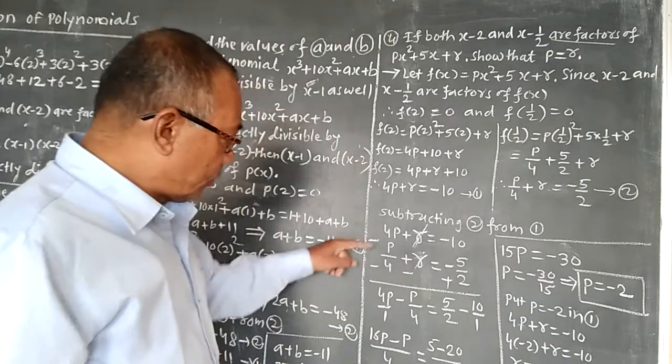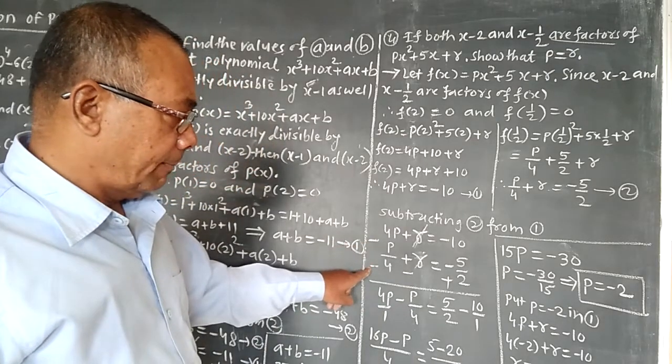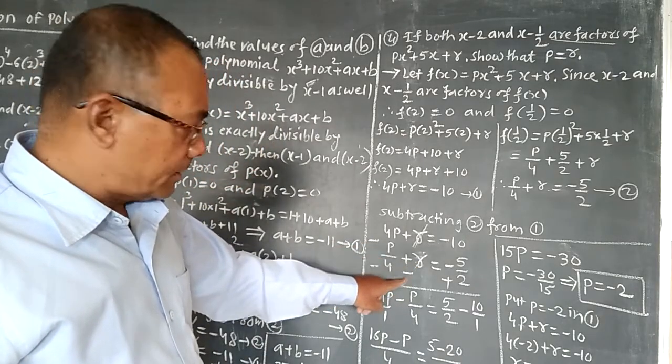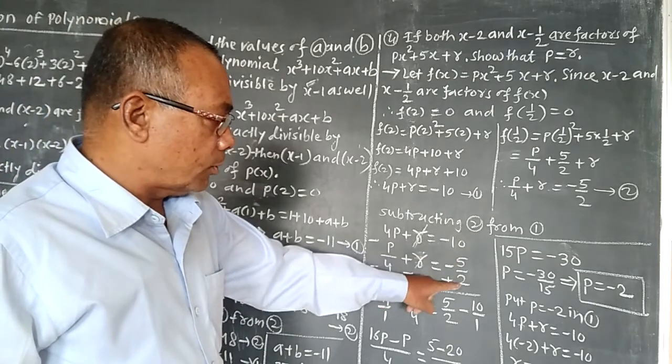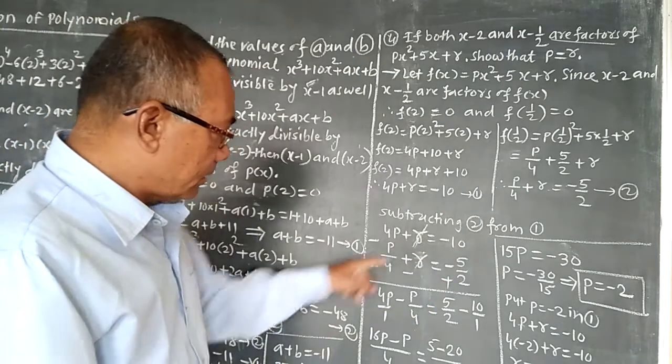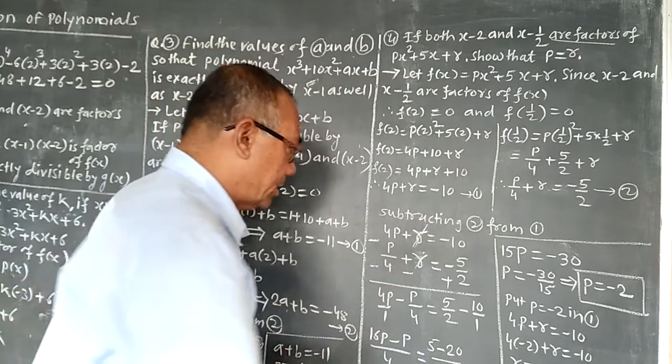Due to subtraction we have to change the signs below. So p upon 4 will become minus, plus r will become minus r, and minus 5 upon 2 will become plus. Here plus r and minus r will cancel.